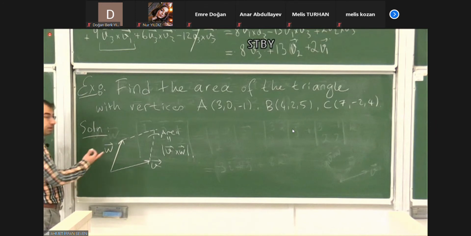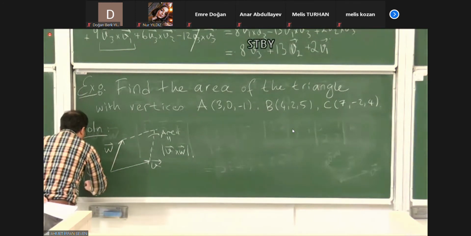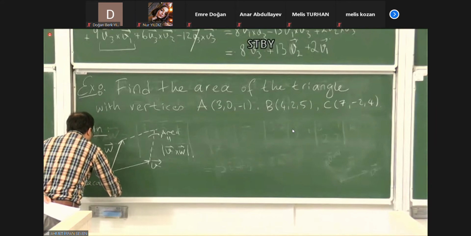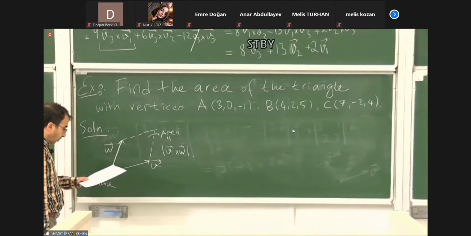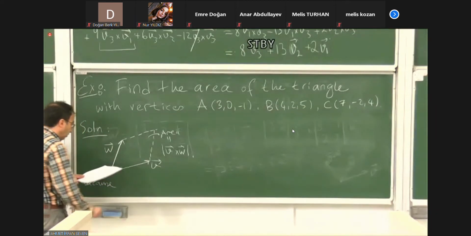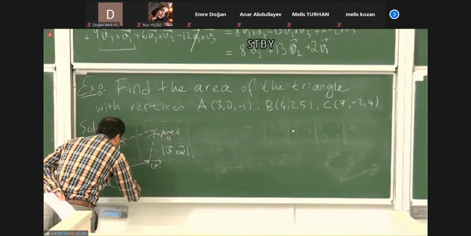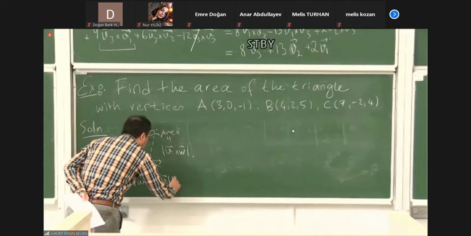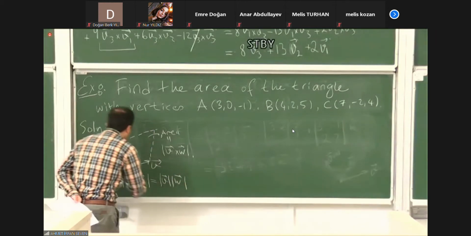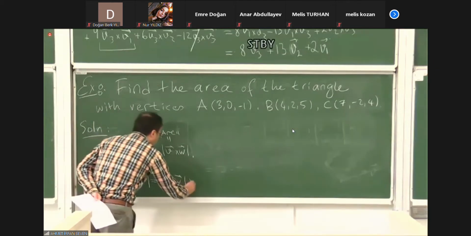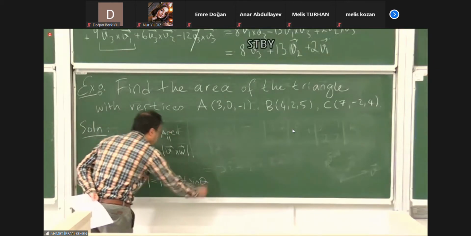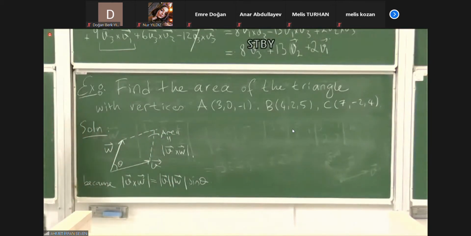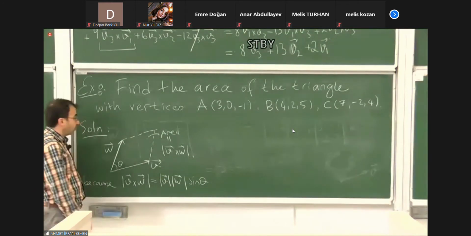So what is the reason? The reason is the following. Let me remind you. Because this v cross w is equal to length v, length w times sine theta, where theta is the angle between v and w, all right?